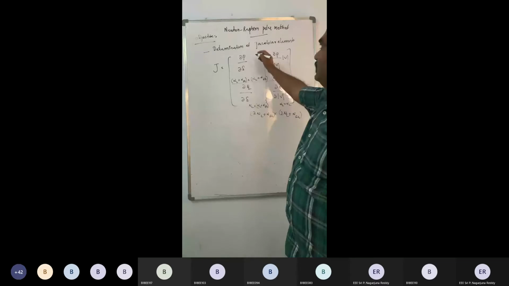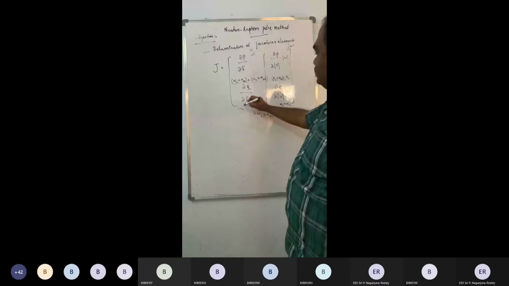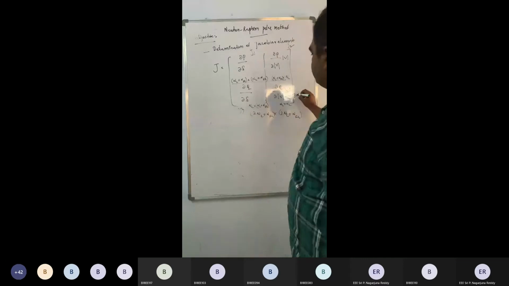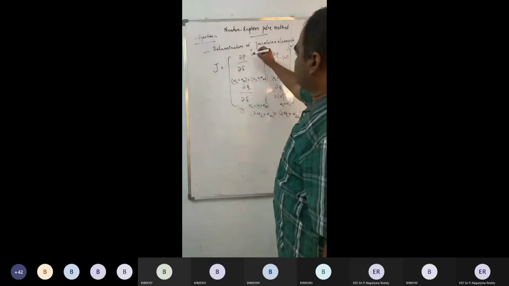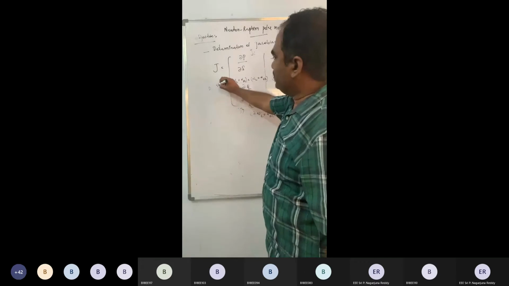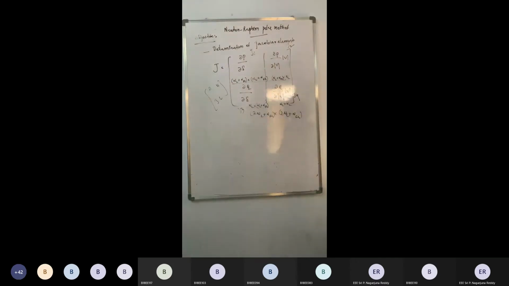It is commonly represented as J1, J2, J3, and J4. And in some textbooks, they are commonly referred as H and JL. So don't get worried about the notations.